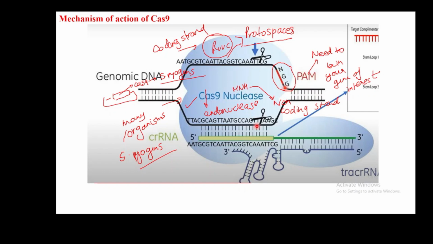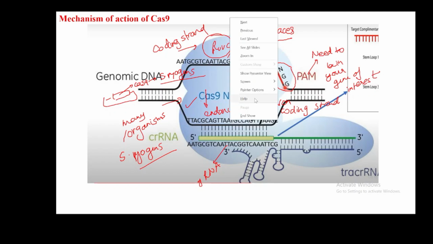So there is some terminology which you need to understand. One is the PAM. The PAM sequence is going to be in your gene of interest, but not in your guide RNA. Whenever you are designing your experiment and making the gRNA, usually software is used, for example ChopChop or some other software.